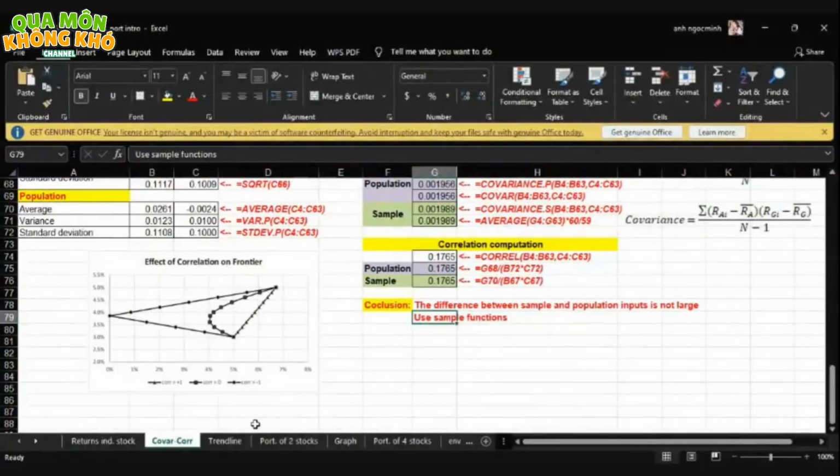If correlation is larger than 0, the relationship between two stocks is positive, so if the return of stock A increases, this leads stock B to also increase.